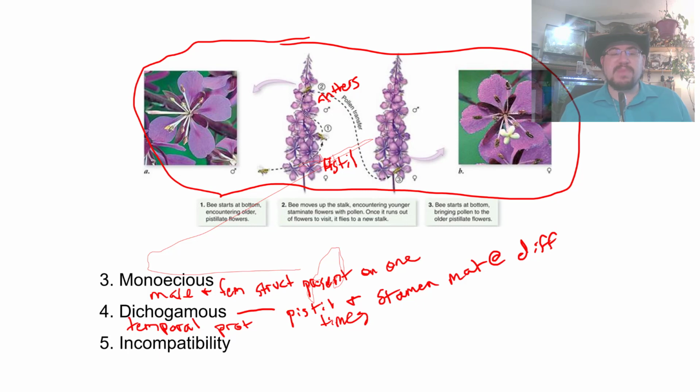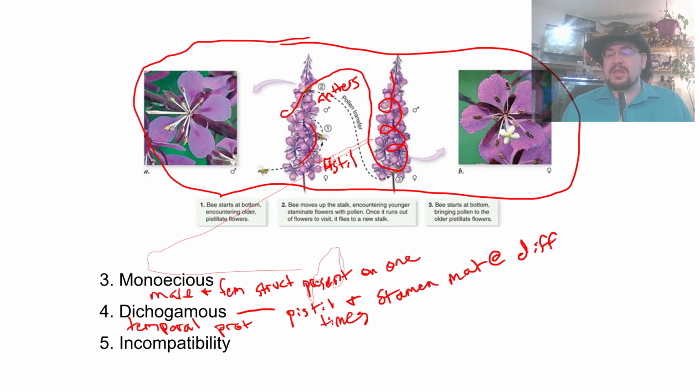So when a bee first lands, it has nothing to deposit on this pistil, so it just goes up around that plant. Eventually it reaches the mature anthers and collects pollen. And the cool thing is the bee comes back down to that flower that is preventing inbreeding.